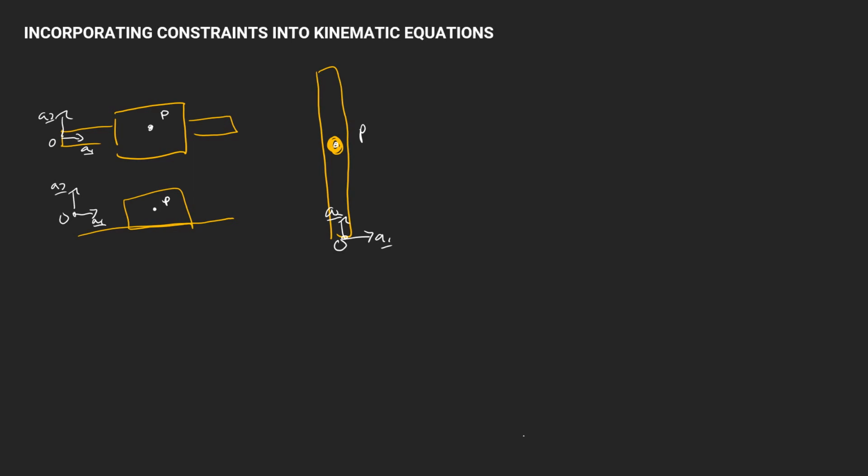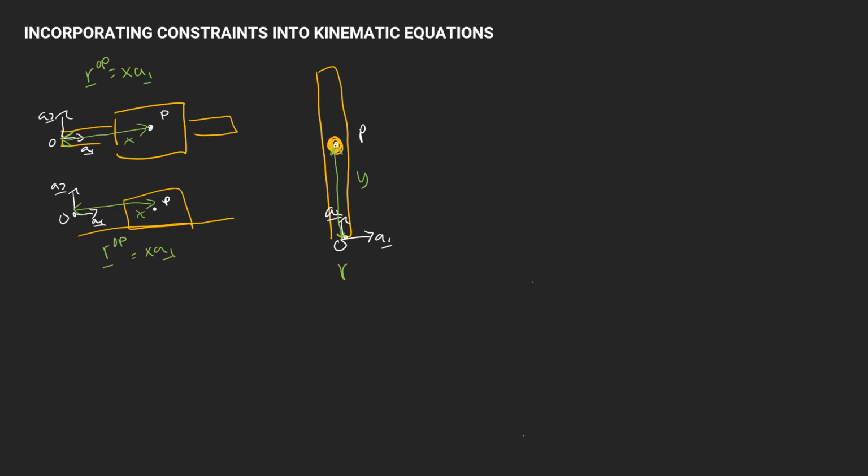Okay, so if I were to ask you just to write the position vectors of each of these systems, it would be pretty straightforward, right? You would say that this distance here is x, this distance here is also x, and this is y, and therefore you would write r^OP is equal to x a1 for both of these systems.